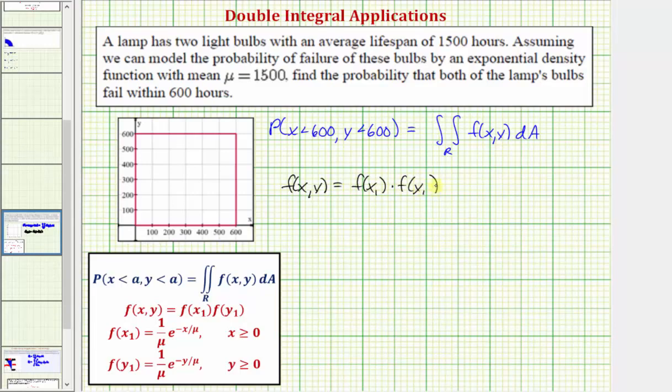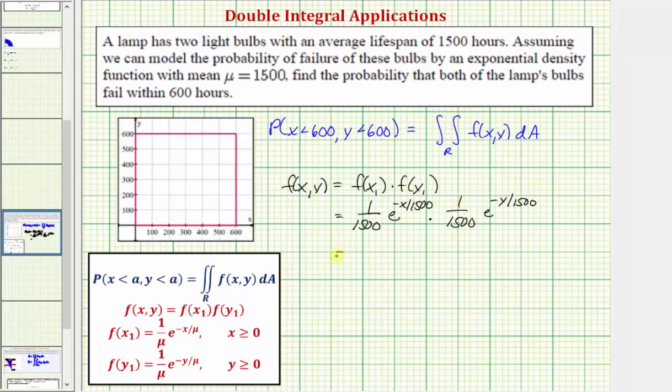where f(x₁) is going to be 1 divided by 1,500 times e raised to the power of negative x divided by the mean of 1,500, times f(y₁), which is now a function of y, so we have 1 over 1,500 times e raised to the power of negative y divided by 1,500.